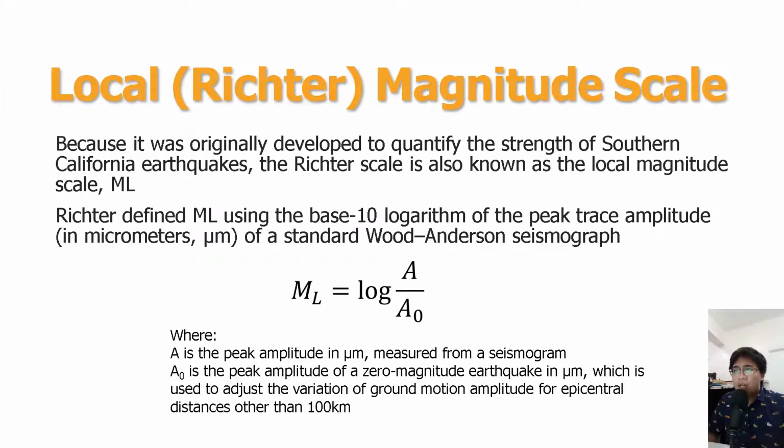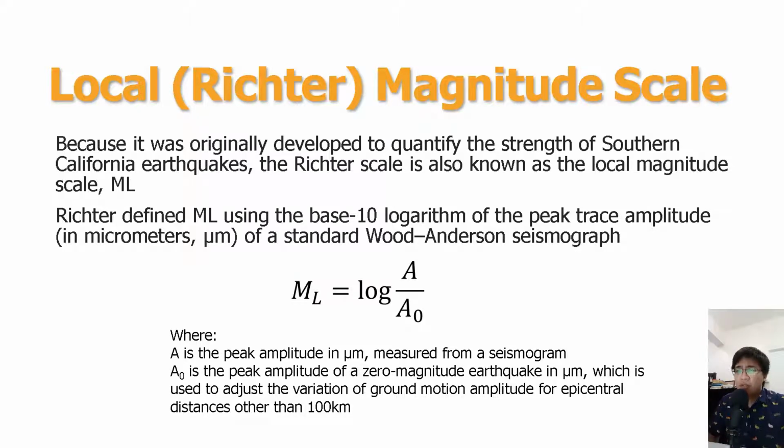So yung local magnitude scale or yung Richter magnitude scale, kaya siya tinawag na local kasi nung panahon na dinevelop to ni Richter, ginamit niya lamang yung data na nakuha niya sa California. Pero hindi niya to nagamit as a whole ng buong mundo. So kaya siya local magnitude scale.